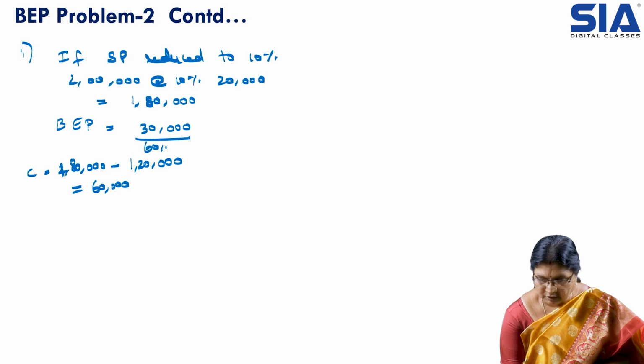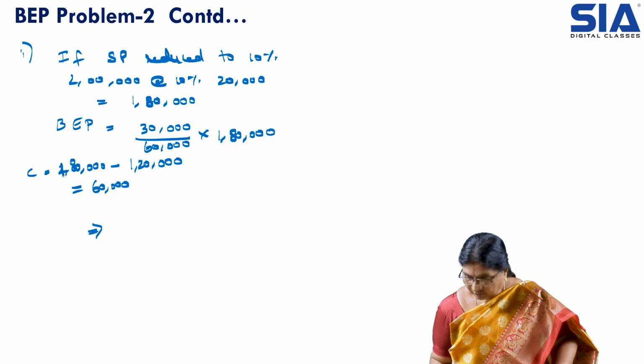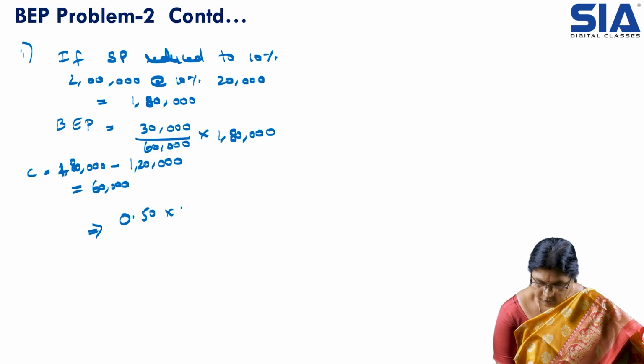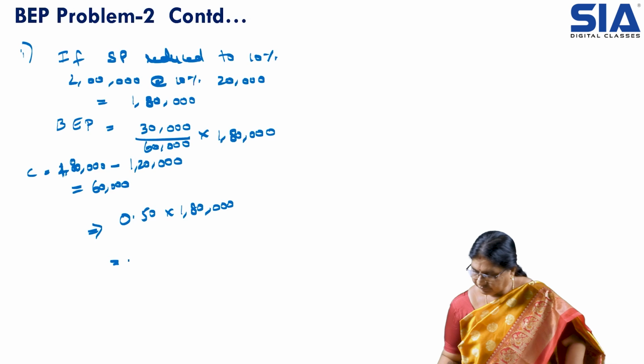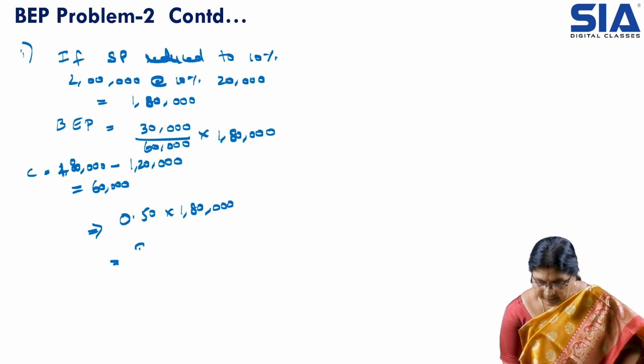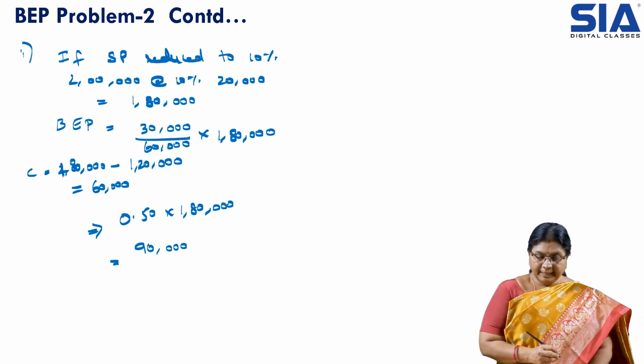So it is 60,000 contribution into 1,80,000 sales, which is equal to 30,000 divided by 60,000, which is 0.5, into 1,80,000, which is equal to 90,000. So the BEP sales, if the selling price is reduced by 10%, is 90,000.